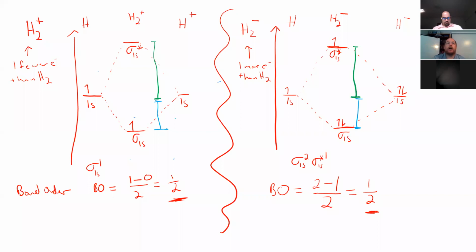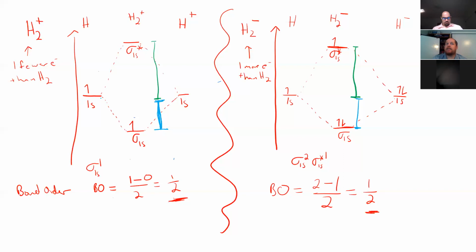And so what you'll have in this case is the stabilization that you get for each electron that is in a bonding orbital. We're saying that electron is going from a hydrogen atom into a bonding orbital. That gives you some stabilization. That stabilization is going to be less than the destabilization you would get if you put an electron into an antibonding orbital.